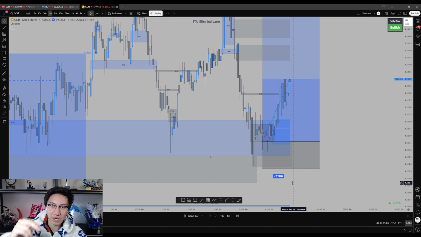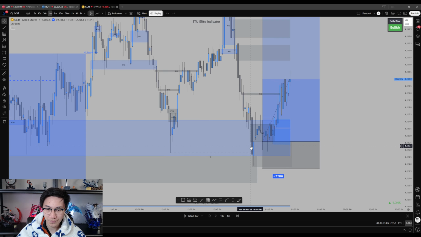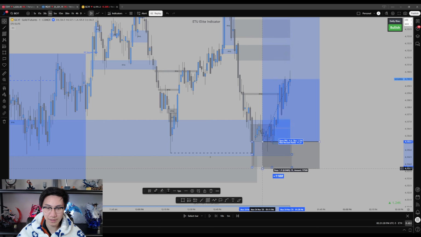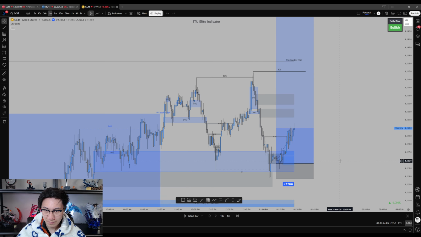They define it as a bearish candle. For me, it does not matter about the candle color. I've done extensive backtesting on candle coloring, and I don't see much of a difference in the win rate. It's not significant enough, and it's most likely due to randomness. So candle color does not mean too much to me. I'm going to take this OB entry model, limit order here, coming to the low.